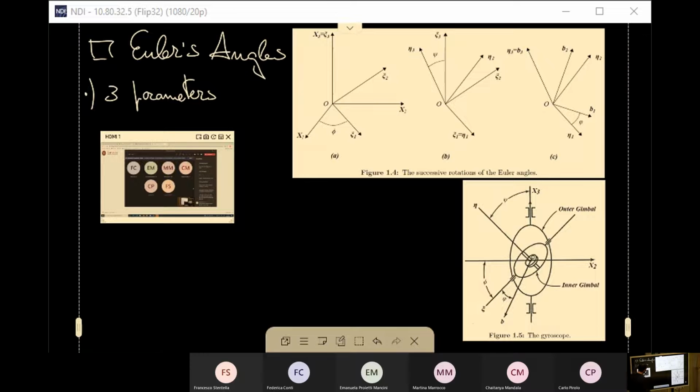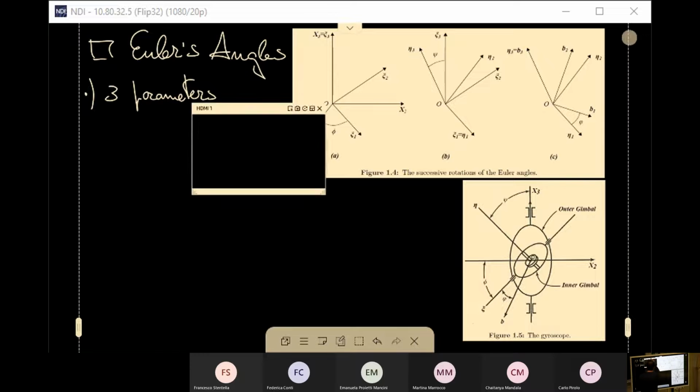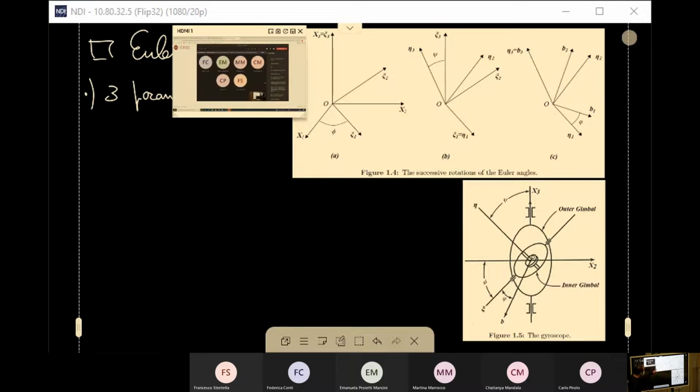So for example, let's consider a succession of 3 rotations. A first rotation phi, which brings the local frame, which is initially coinciding with the inertial frame, in a new position through a rotation about the axis x3.